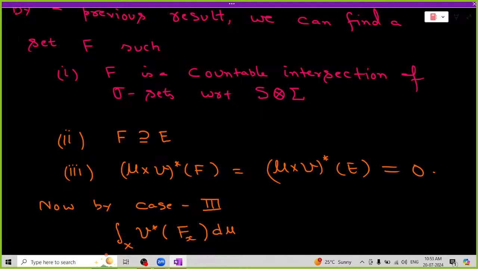Integration is possible because the nu star of the x section of F will be an integrable function by case 3. And what will I get if I integrate? We can see using the third part of the conclusion of the theorem, because the theorem is true for this F, so it will be equal to mu cross nu star of F, and mu cross nu star of F is 0.